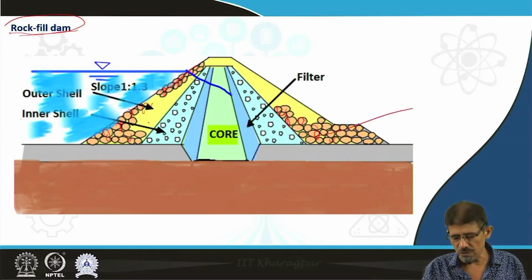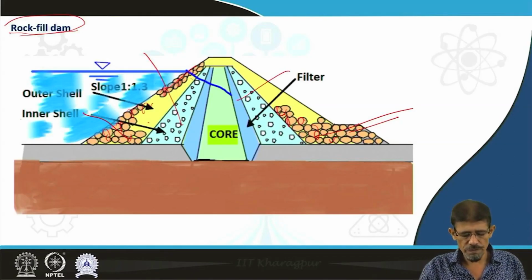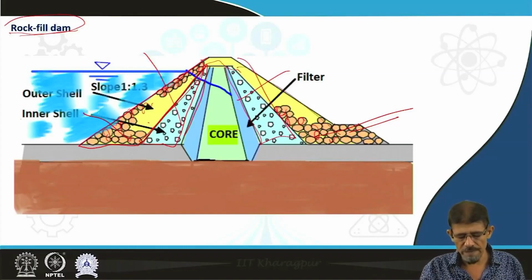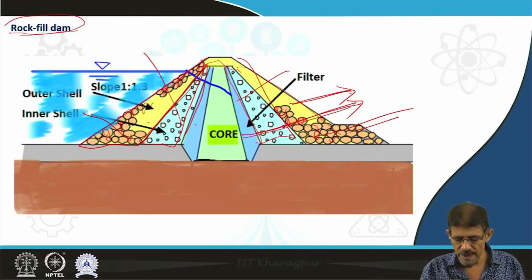In this structure we make different cells: cells of coarse rock fragments, then smaller rock fragments, then again smaller, then coarse rock fragments. This is the outer cell, this is the inner cell, and this is the cell made up of some specialized material as a filter.